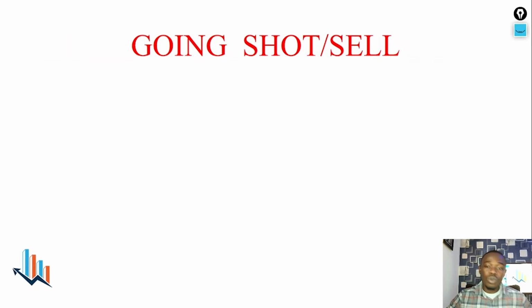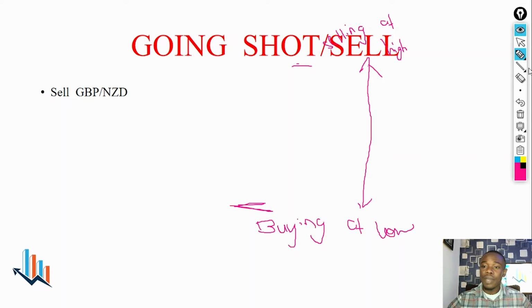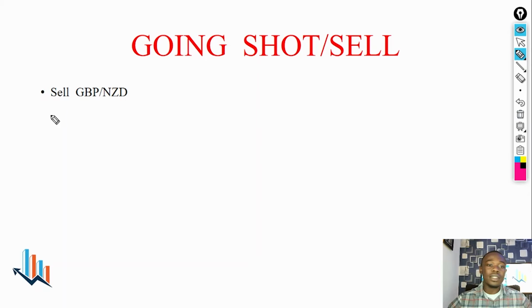Now let's also know how we make profits going short, or sell. So here we're going to sell the pound New Zealand dollar, and with this pair, which of the pairs is the quote and which one is the base currency? Sorry for my writing, it's not nice, but I hope you'll bear with me.